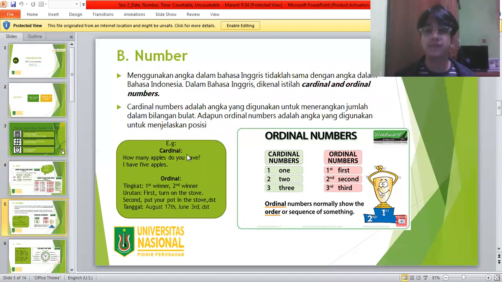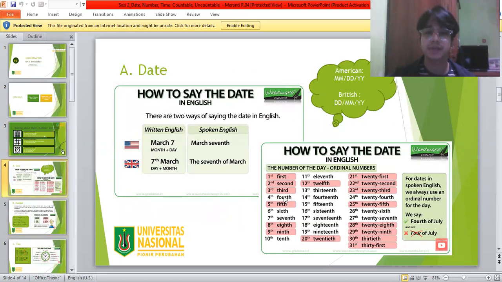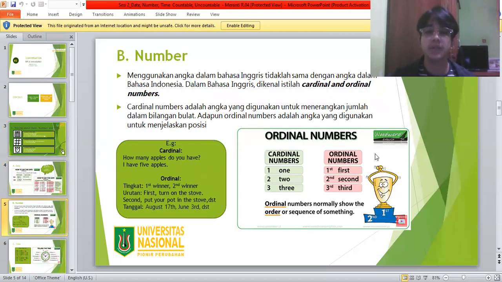I have 5 apples. It's not I have fifth apple. It's 5 for cardinal. But ordinal is like this: first, second, third, fourth, fifth, sixth, seventh, and the list goes on. It's ordinal. So we use the ordinal numbers for telling the day.